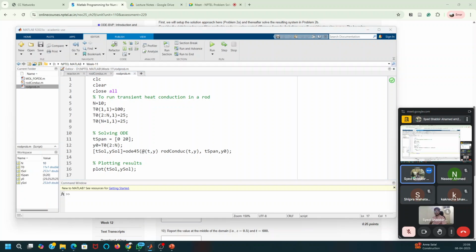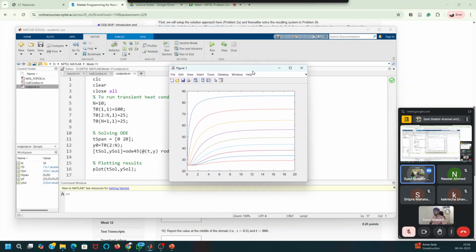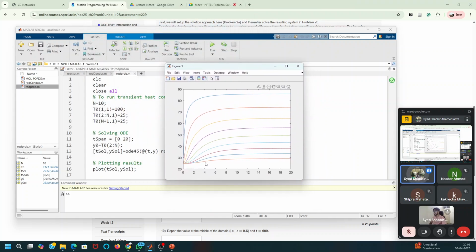I'll run it. So now you can see this is my plot. The temperature at various points is varying like this. Initially, everything was 25 degrees Celsius, but after time passes, this is the temperature at the second node, and this is the temperature at the last but one node.